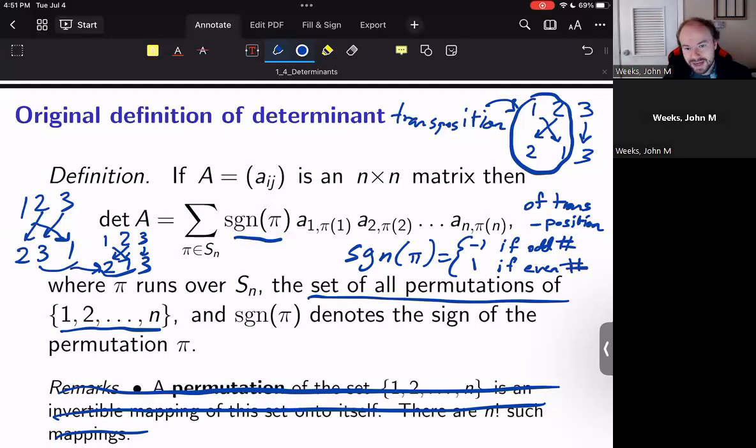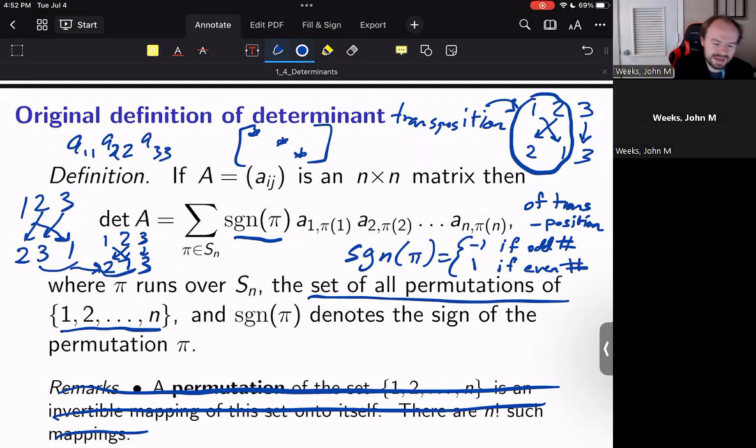But what is the permutation doing at all? What it's doing is telling us which column entry we're going to be choosing our element from. So for example, you remember that we had diagonals going through, and we had star, star, star, and that one was A11, A22, A33. Well, that one belongs to the identity permutation, the one that is just 1, 2, 3, right? 1, 2, 3 gets sent to 1, 2, 3.